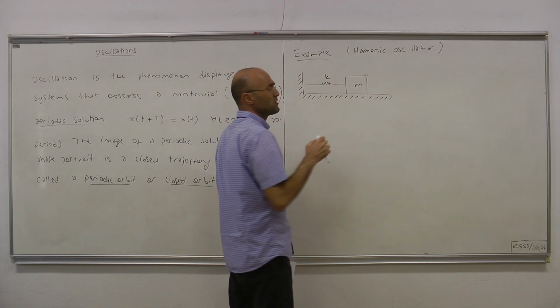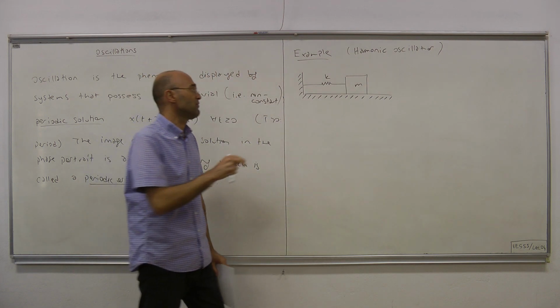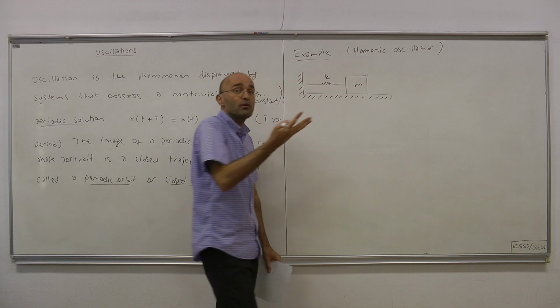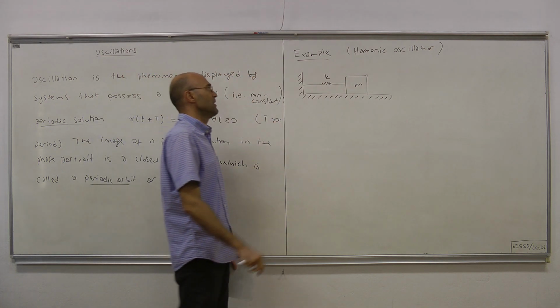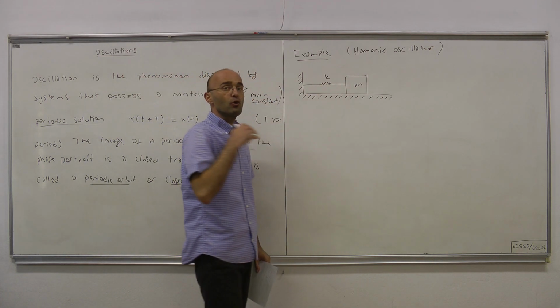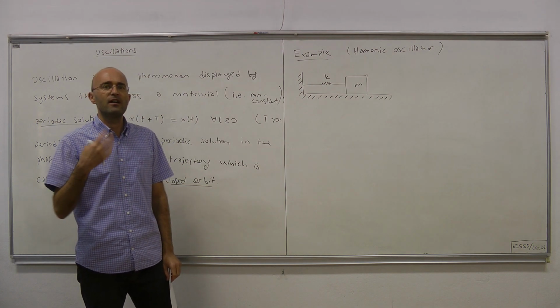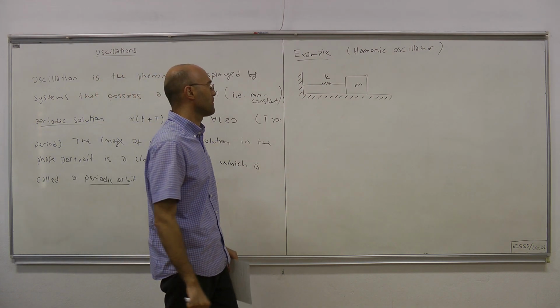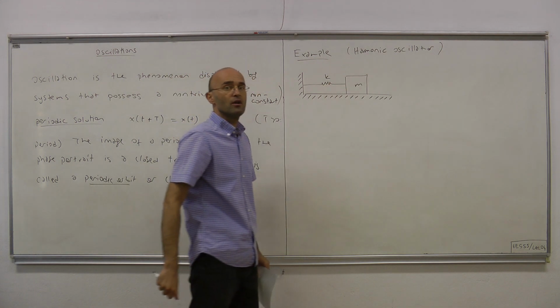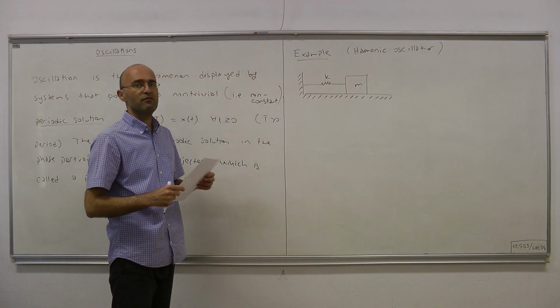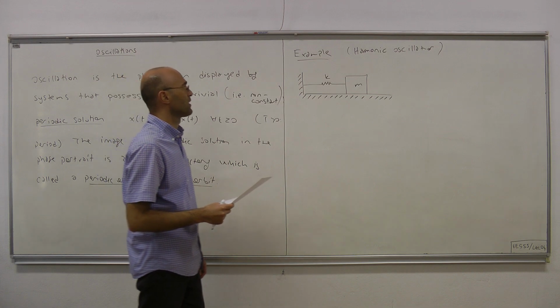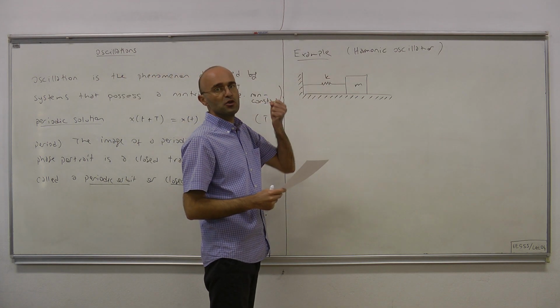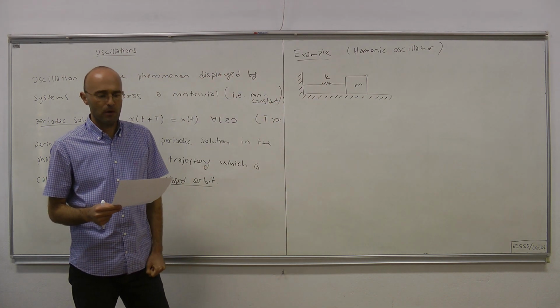But if the friction is very small, if this surface is very well lubricated or very smooth, then the oscillations will go on for quite a long time. For the purpose of analysis, we can suppose that the oscillations will go on forever. That is, we can consider the frictionless case. In that situation, we obtain the so-called harmonic oscillator model.